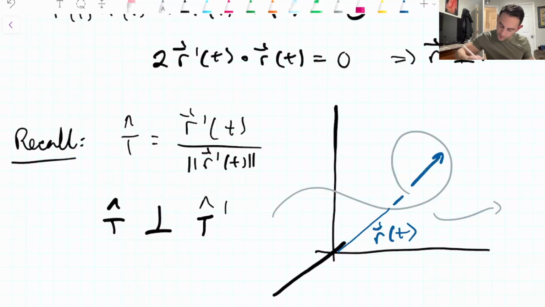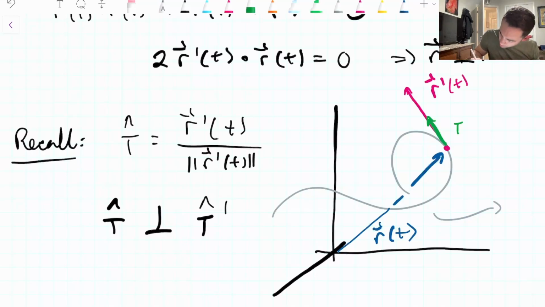I have the tangent vector, r prime, the velocity vector, which of course I'm interested now in thinking of normalized as t hat. So there's t hat, it has unit length 1, it's r prime scaled down by the speed. And now what I'd like to add to the picture is t hat prime, a vector that I know to be perpendicular to t hat, but my question is, perpendicular where?